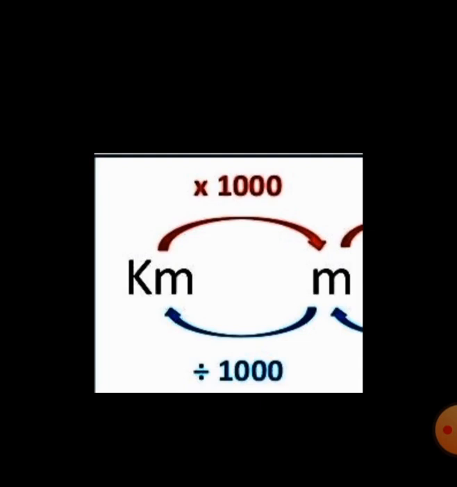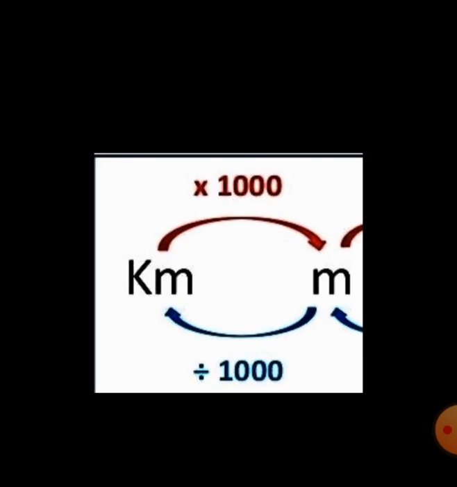Now, when we're converting from kilometers to meters, we multiply by 1,000. But when we're changing meters to kilometers, we're going to divide. It would have been the same thing when we did centimeters, but that was with 100.